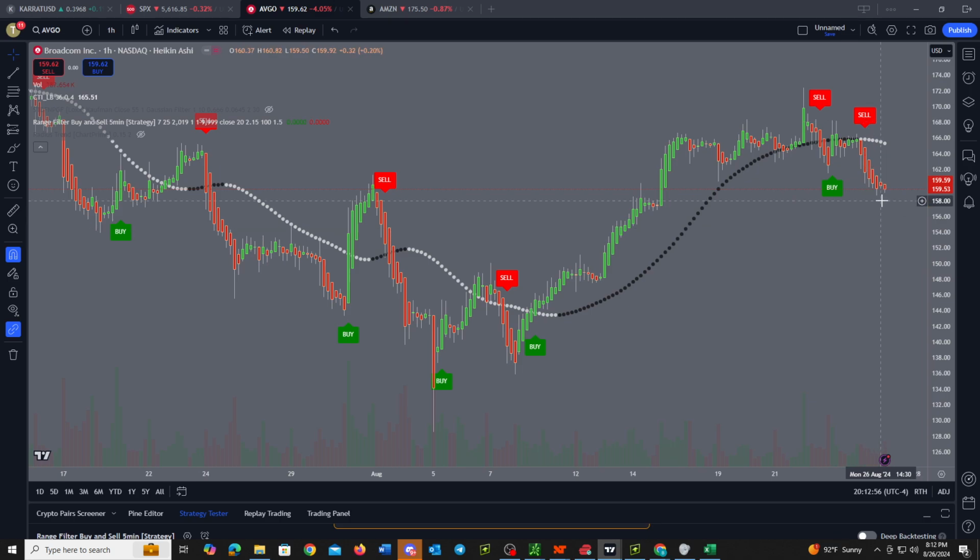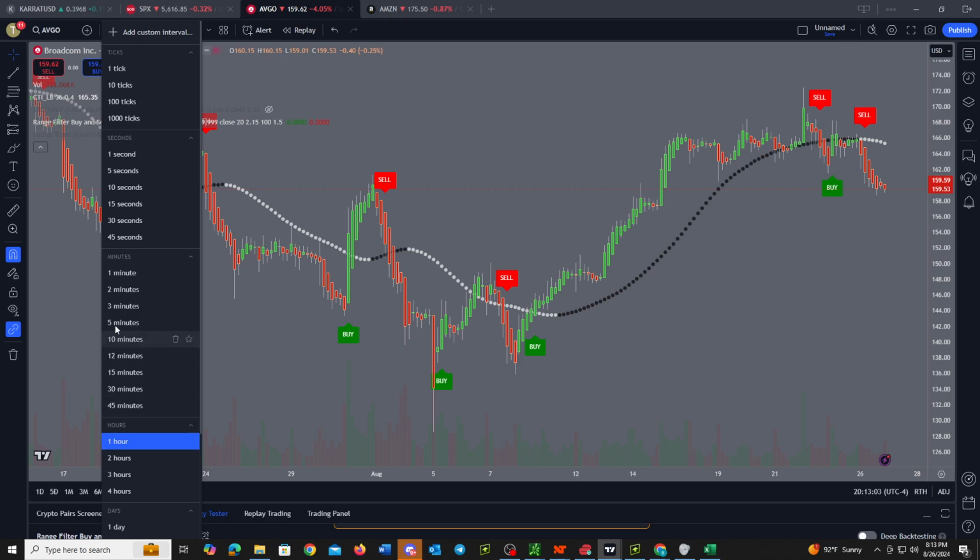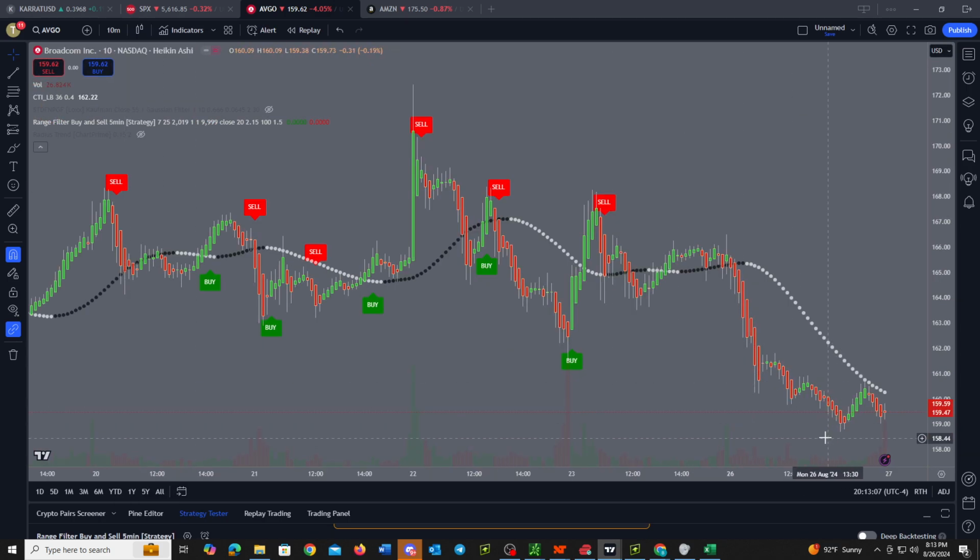I'm in a definite pullback on the 1 hour, and I can go down to the 10-minute and wait for my signal. So now I'm just waiting for a buy on the 10-minute.